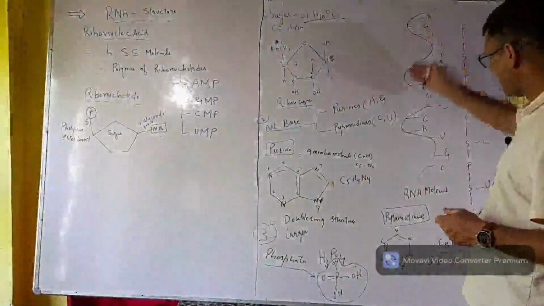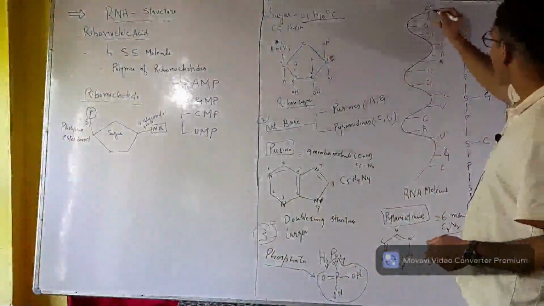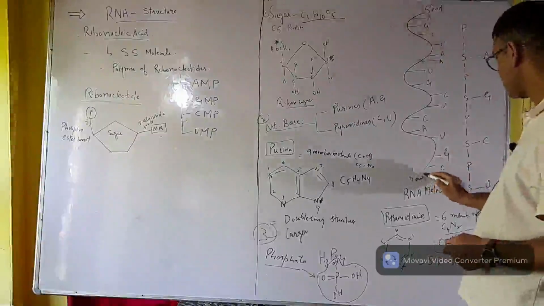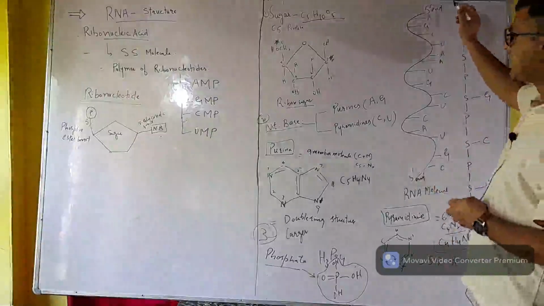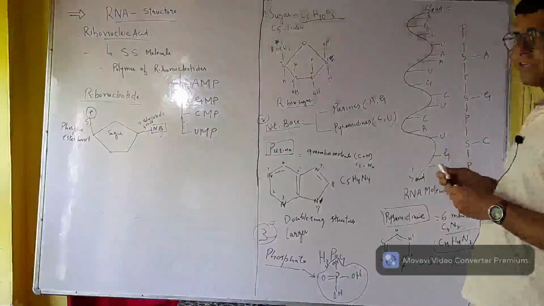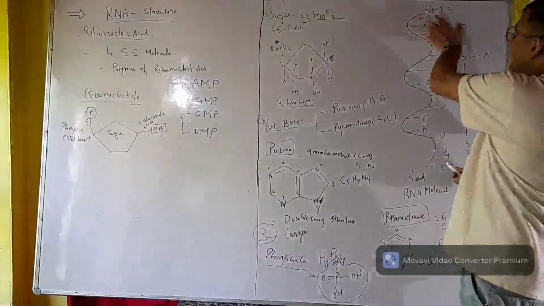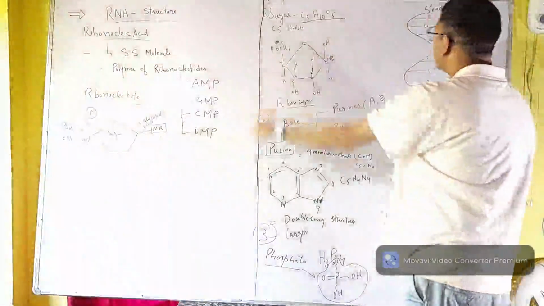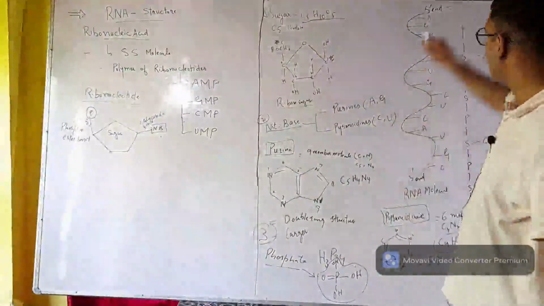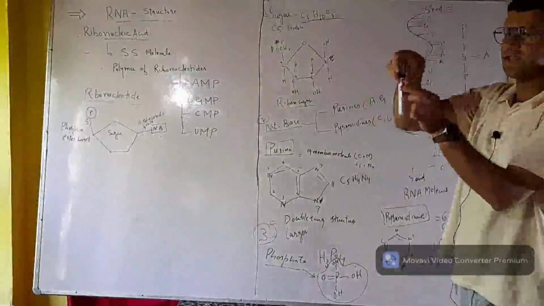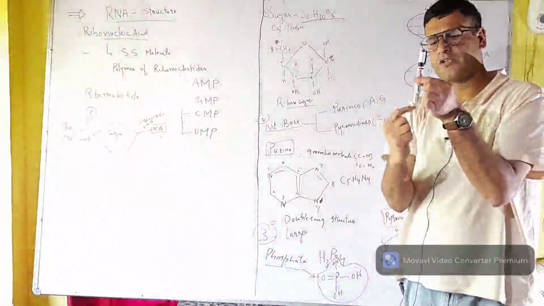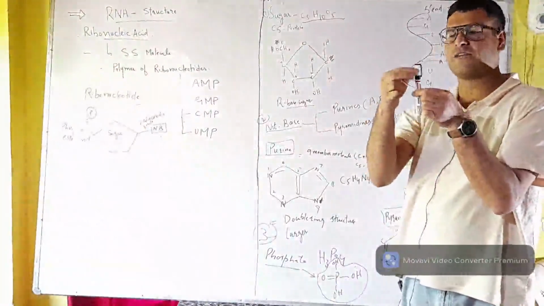What it means? For example, this is our RNA molecule. This is, for example, the 5' end. This is the 3' end.